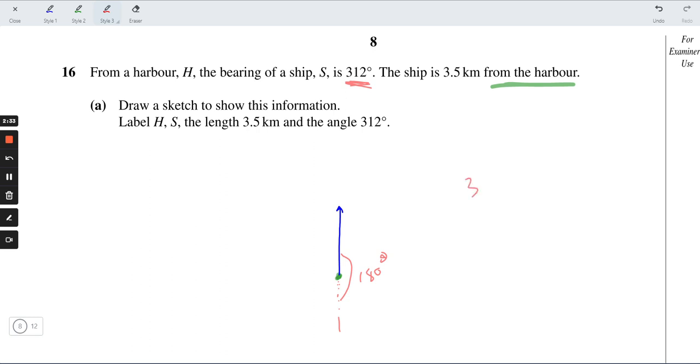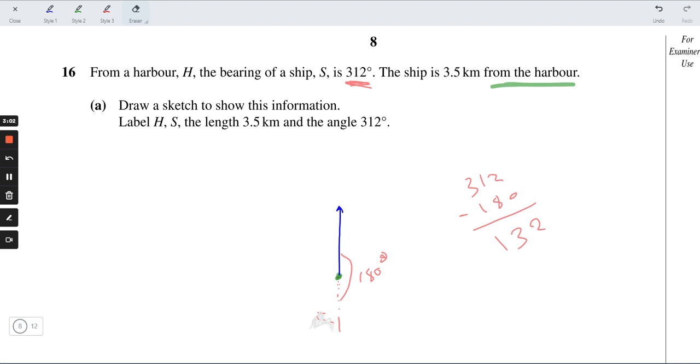So 312 minus 180, this is 132. So we need 132. You can put your protractor here and measure from this side, because you are measuring clockwise, not anti-clockwise.